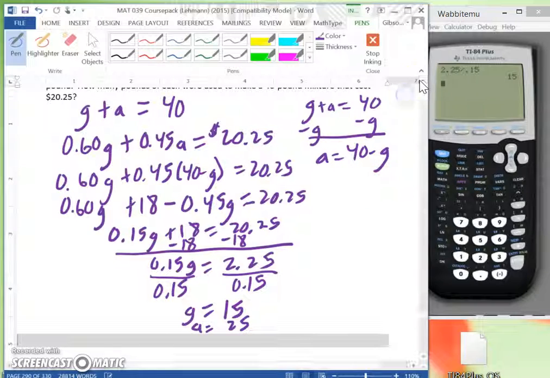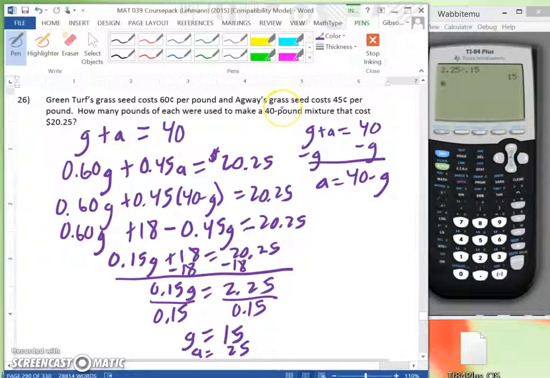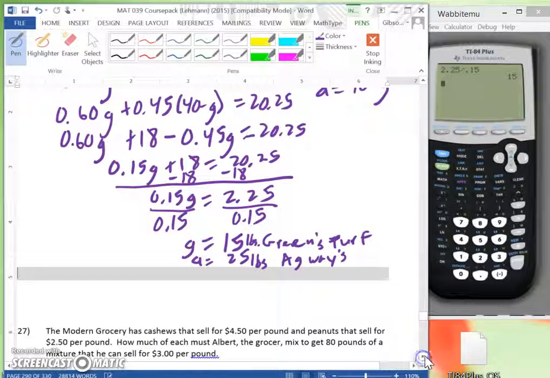So it's 15 pounds of Green Turf's, and then we will have 25. These are pounds, so we need to put the labels with it. So it'd be 25 pounds of Agway's. Okay, so now that took care of this, and this is the final answer.